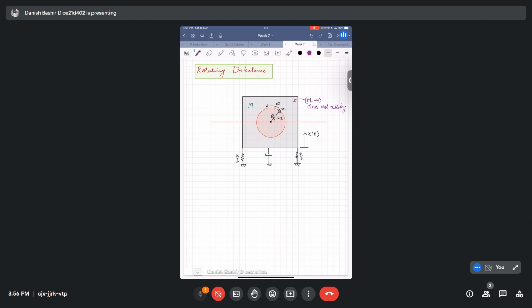Total mass of machine is M, unbalanced mass is a small m, and eccentricity is e, and angular velocity is omega. I told you all the things.